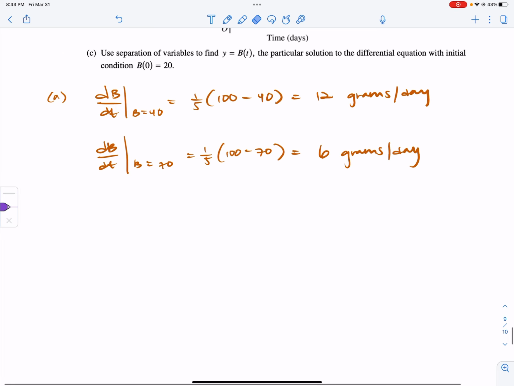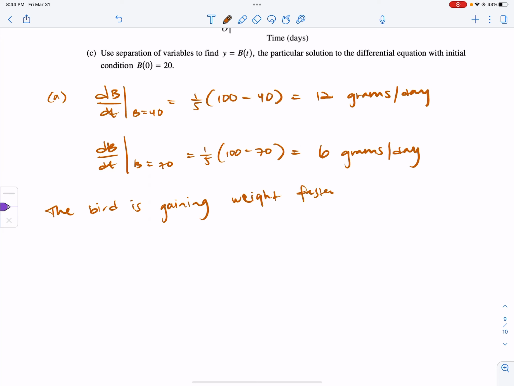Okay, so we can say the bird is gaining weight faster when it weighs 40 grams because 12 grams per day, or you could say dB over dt evaluated at B equals 40 is greater than 6 grams per day.